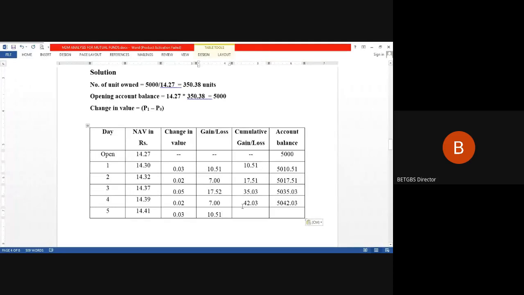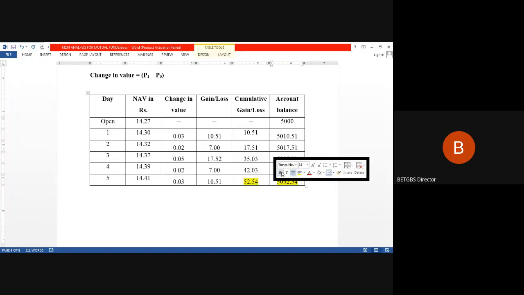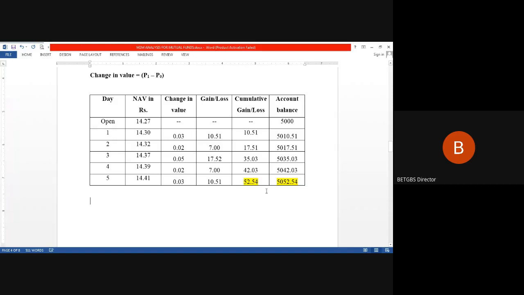So if you add to it, it will be 52.54. So this is the gain we have realized with this.